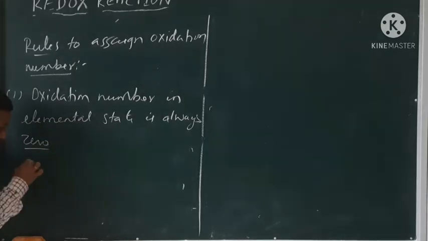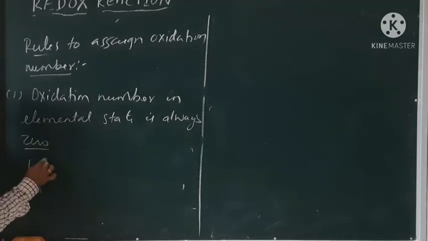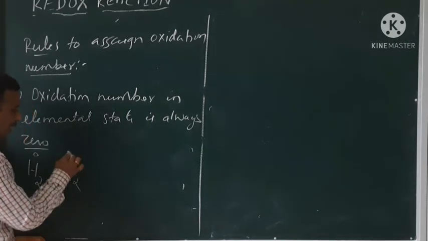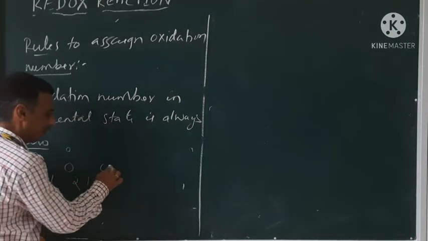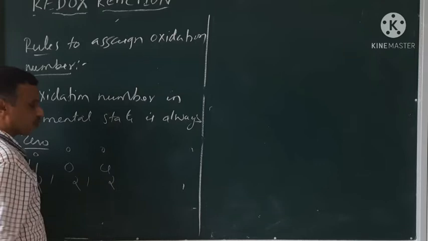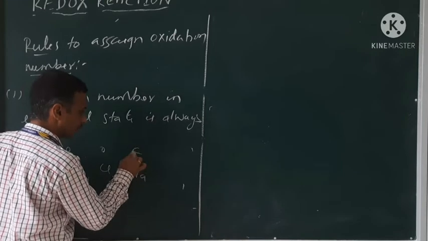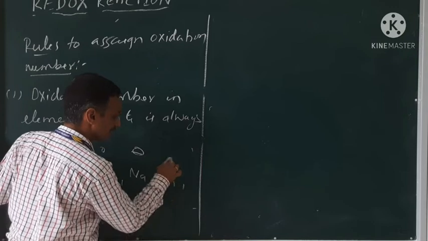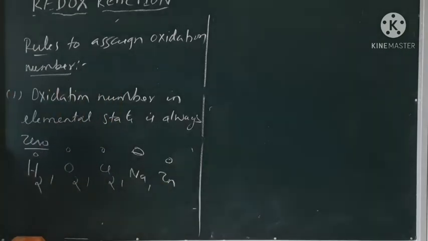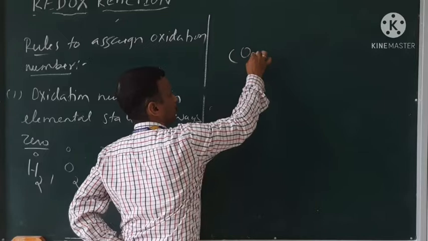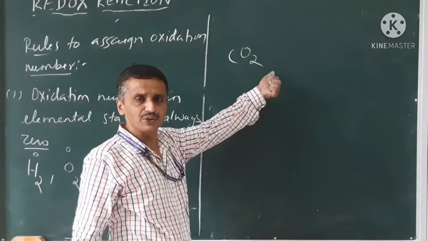Hydrogen, how does it exist? H2. So 0. Oxygen O2, again 0. Chlorine Cl2, again 0. Neon, not Ne2. So 0. Zinc again 0. Now CO2, is it 0 here?